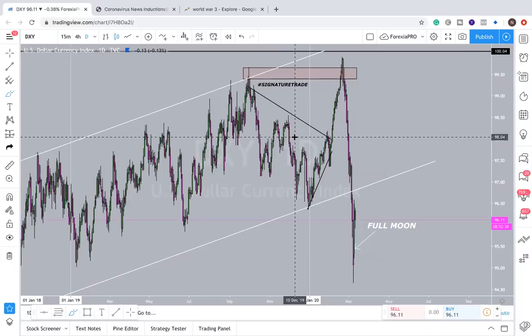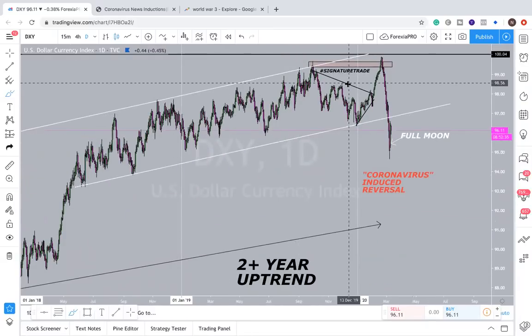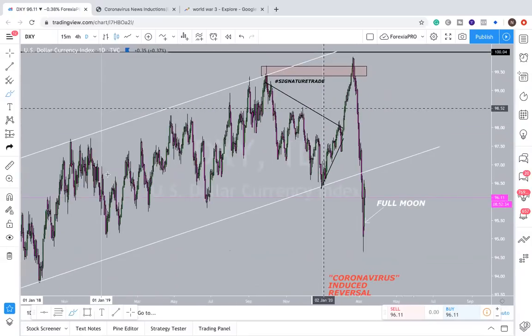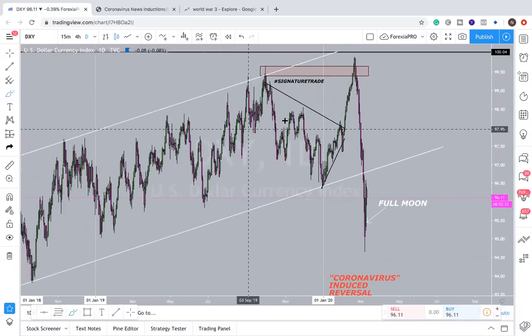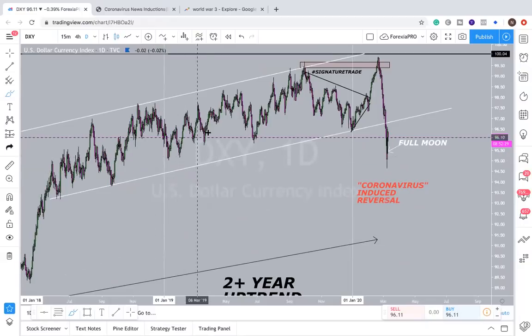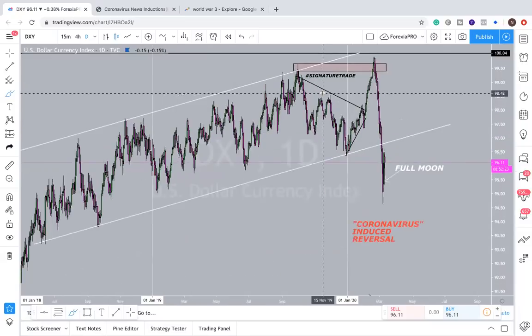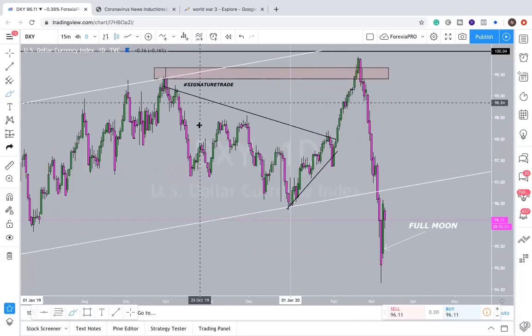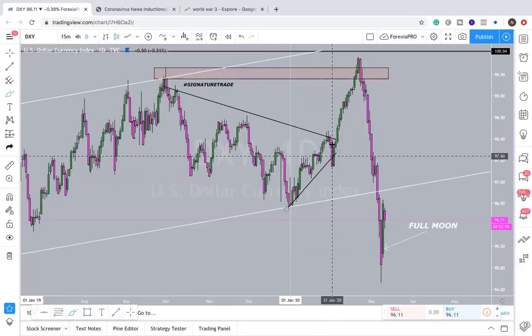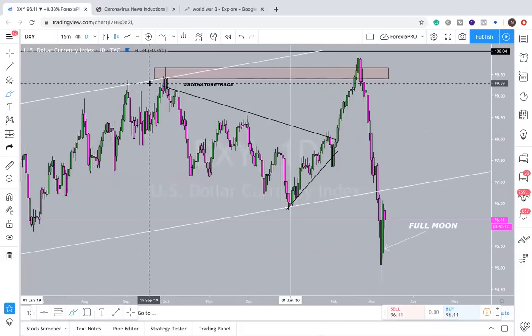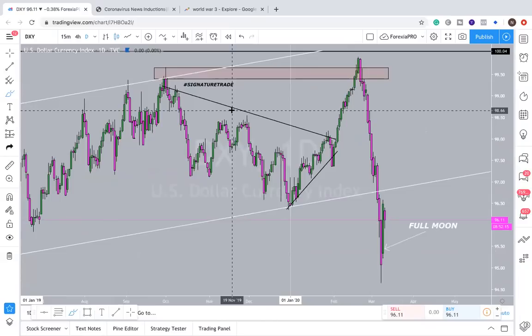All right? How many years have people been waiting for the dollar to keep going up, right? Have been just buying just because of this uptrend. All of a sudden, we see this wedge. Now, I'm going to say the same thing that I said on oil.